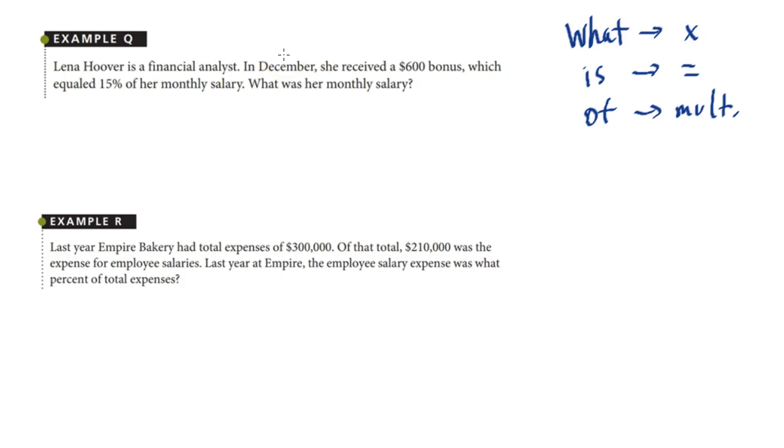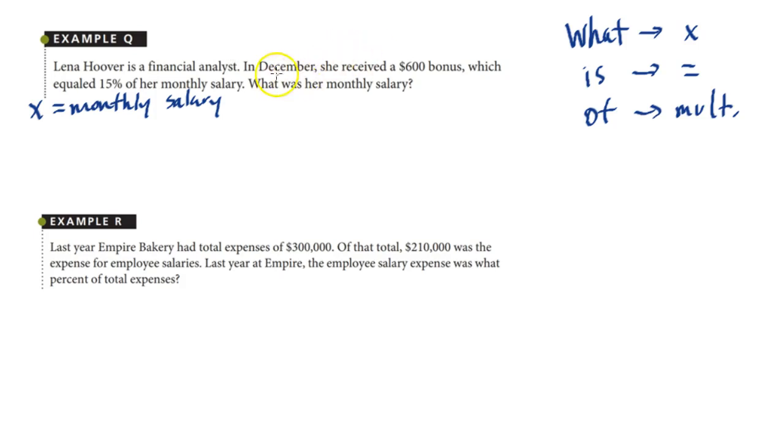The question is asking what was her monthly salary. So the what is the monthly salary. In this case, x is equal to the monthly salary. So that's what we're solving for.